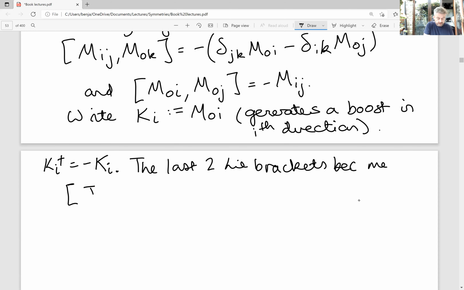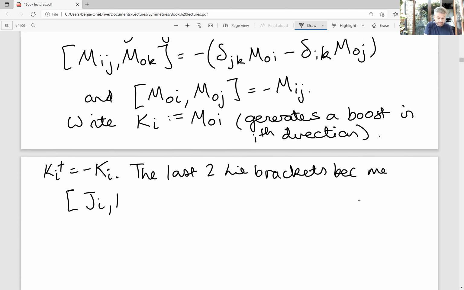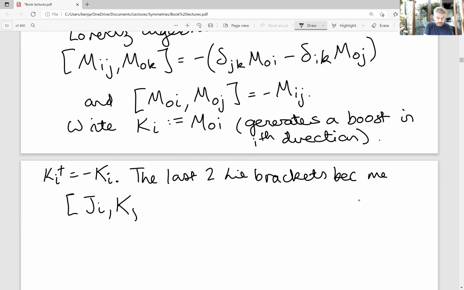We've got the bracket of J_i and K_j is epsilon_ijk K_k, and there's a commutation relation between the two K's as well.